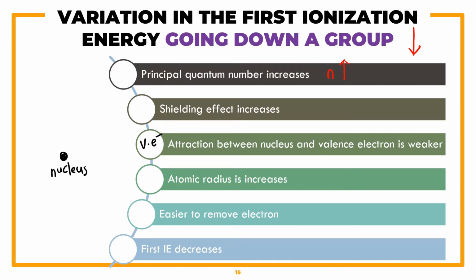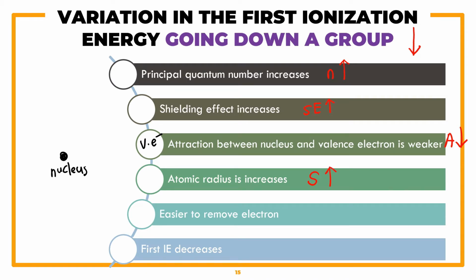So by having many inner electrons, definitely shielding effect will increase. So this shielding effect akan menyebabkan attraction between nucleus and valence electron becomes weaker. And hence, atomic radius or size will increase.